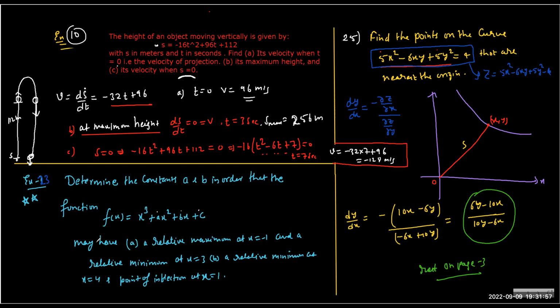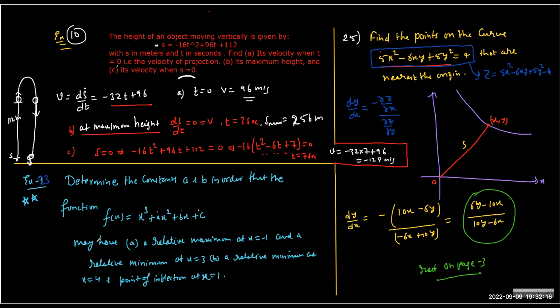Understood? So the first step of learning is to decode the meaning of the values given. x equals -1, x equals 3, x equals 4. These are the three points at which we have either maxima or minima.